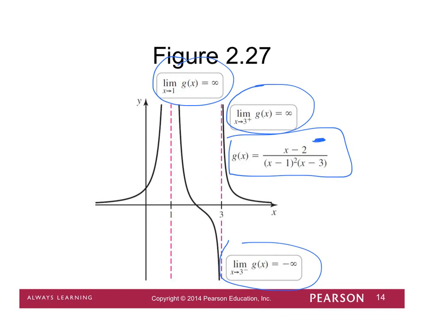In the bottom, as we approach from the left, we're going to have a negative number, but a negative number that's squared. So that's always going to give us a positive number, whether we put in a negative or a positive number. When we square it, it's still positive. And when we put in a 1, 1 minus 3 gives us a -2. Well, we see that these negatives cancel, and so we'll have a positive quantity.